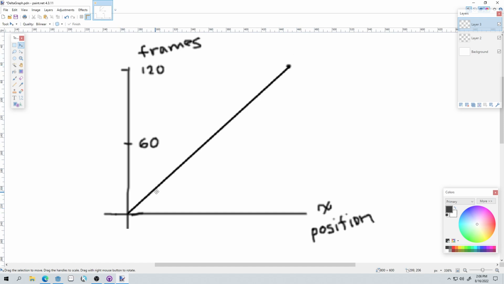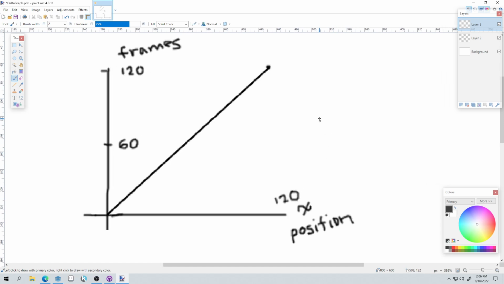Over time, their movement looks like this, right? This angle is their movement over 120 frames to reach some x position. And we could say this x position is 120, and then that would be a rate of 1 pixel per frame. So this is essentially our speed.